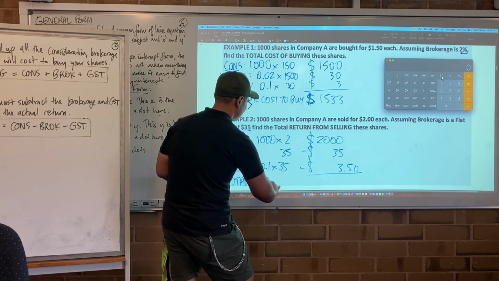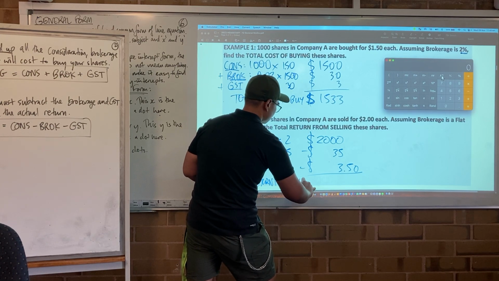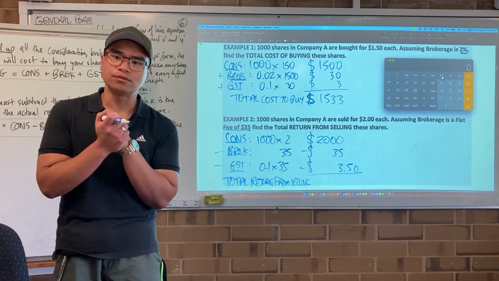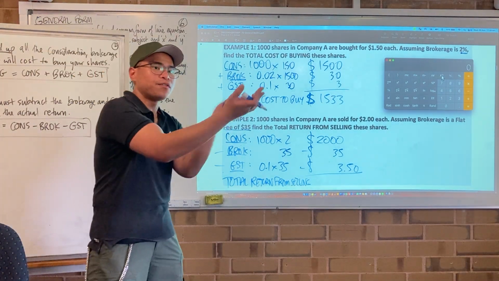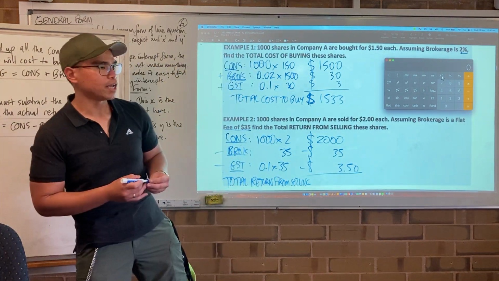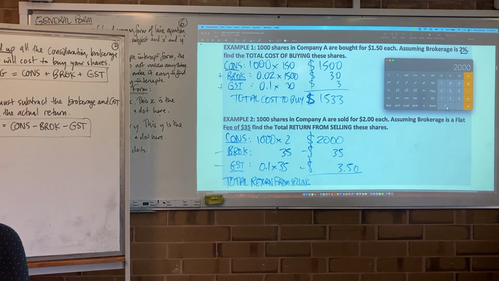So the total return from selling, I should have got $2,000, but can I do that myself? No. So $35 of that money is taken away, and also $3.50 is taken away. So I use my calculator. $2,000, not 20,000, 2,000. Take 35.